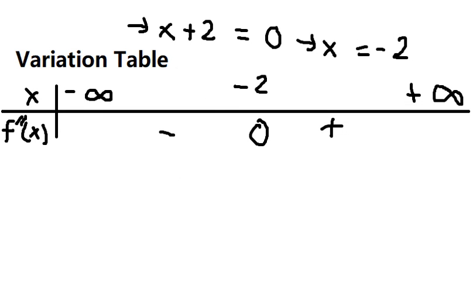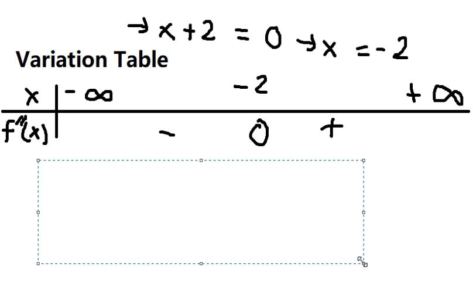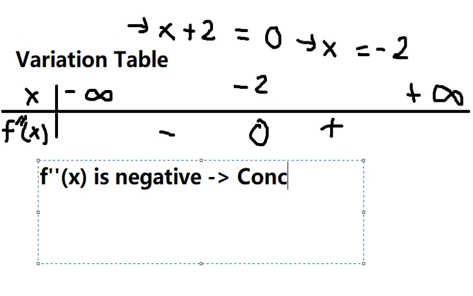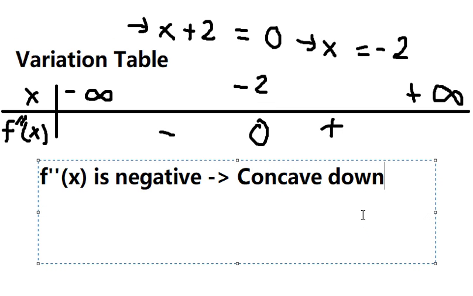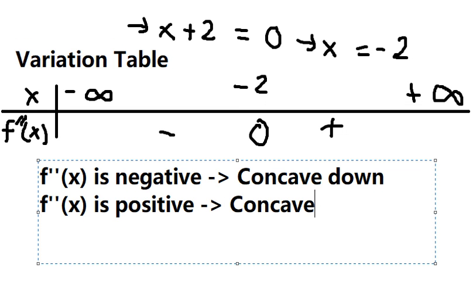And now we have the formula in here. If the second derivative is negative, that's concave down. If the second derivative is positive, that's concave up.